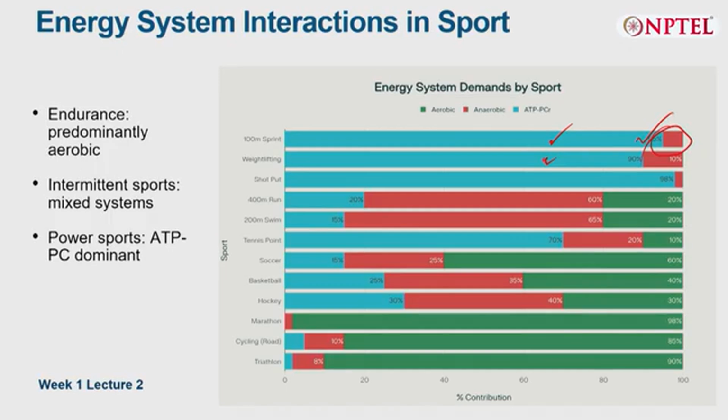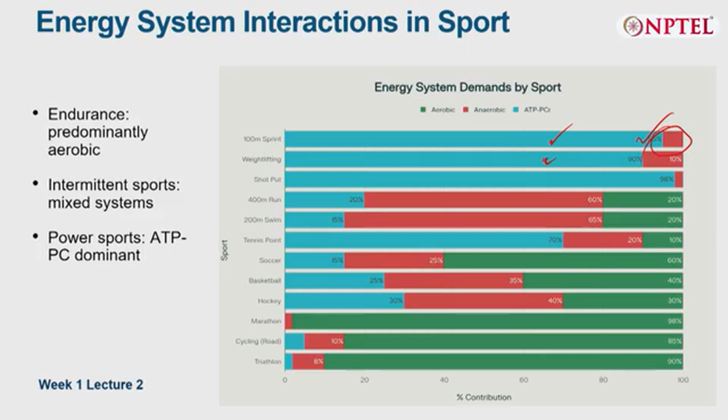In the 400-meter run, again 60% comes from the anaerobic lactic acid system and 20% comes from ATP-PCR, so you can see how the three systems work together in combination for giving you the energy.